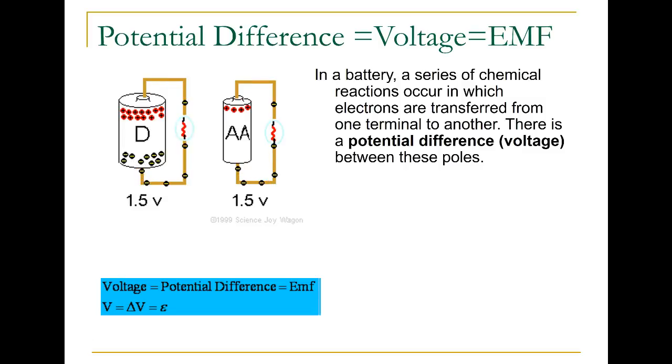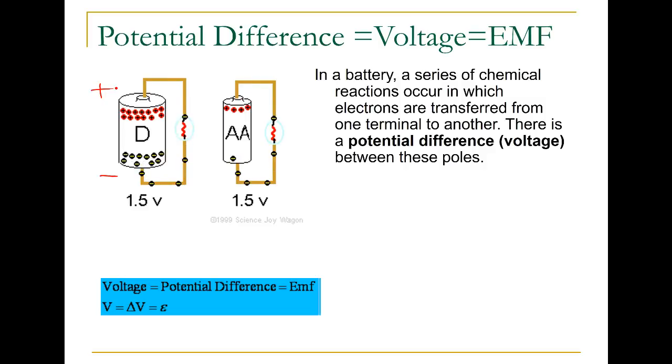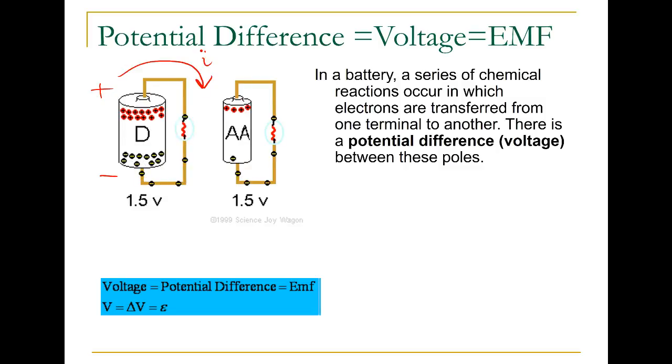Negative charges are repelled away from the negative terminal of a battery and move towards the positive terminal. In real life, the electrons are moving, but last time we talked about conventional current, which is the direction that positive charges would flow, the opposite.